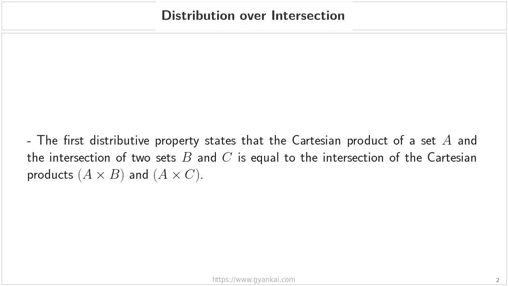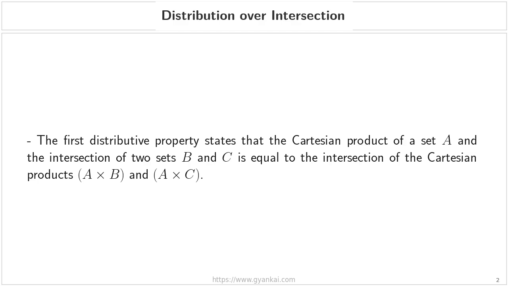Distribution over intersection. Now that we understand what a distributive property is in algebra, let's apply that same logic to set theory. Our first specific property focuses on the intersection. This property tells us that if you take the Cartesian product of set A with the intersection of sets B and C, the result is exactly the same as finding the intersection of two separate Cartesian products.